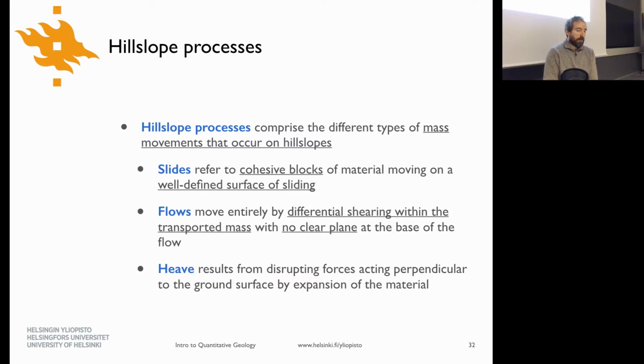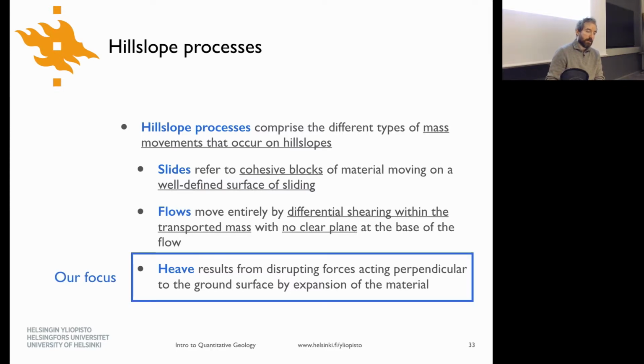These are the two exciting ones, and then down at the bottom of the list is something we'll call heave. This is basically movement of material that happens when the Earth's surface goes up perpendicular to the ground surface as a result of expansion of the material. So swelling of the material for various reasons results in movement of material downhill. We'll see what that means in just a second.